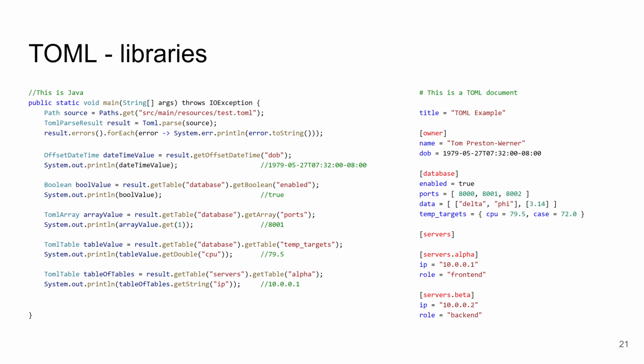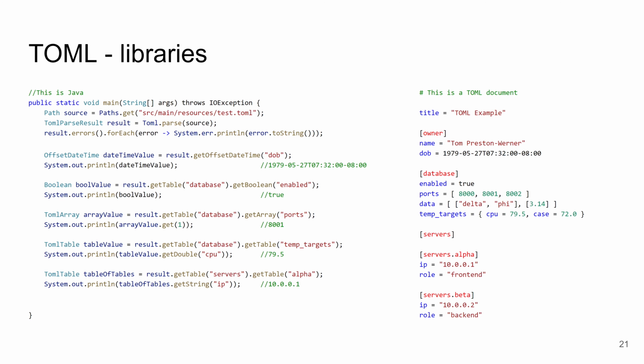Then with the database table, we get the temp targets, which is actually an inline table syntax. So we again get a table, temp targets, and from that table we can get the CPU value, which is a double value.